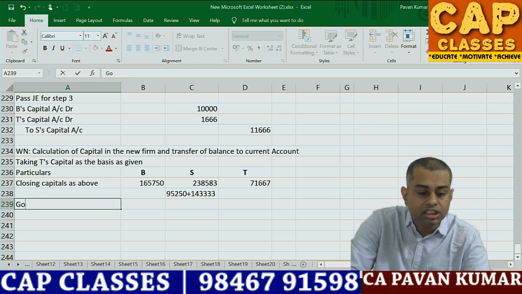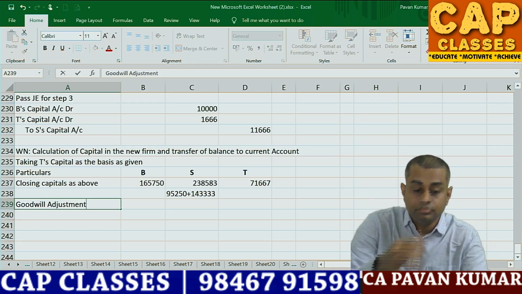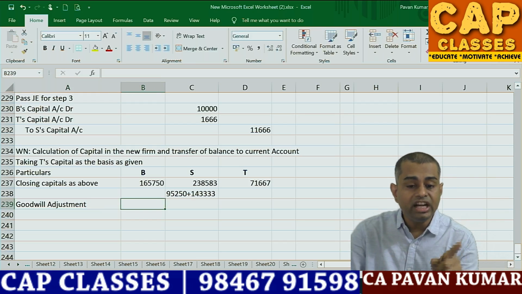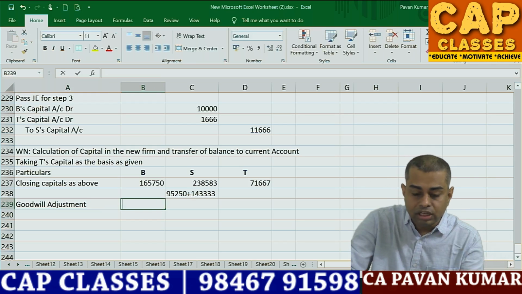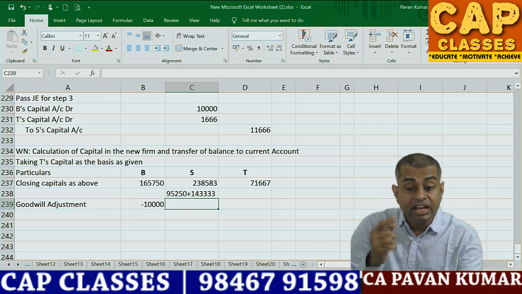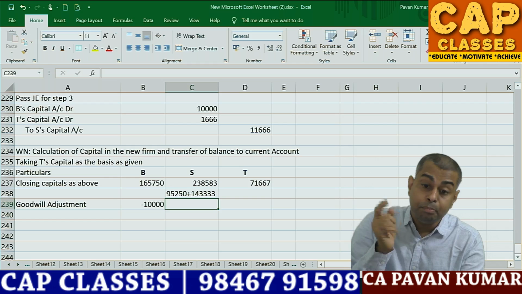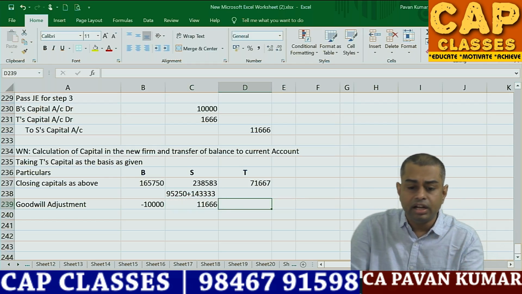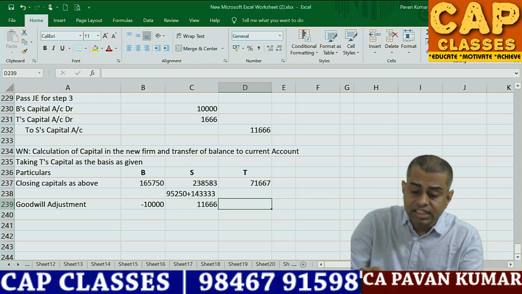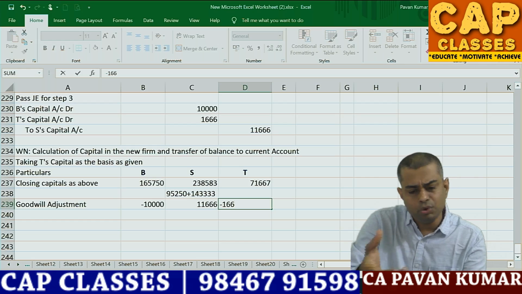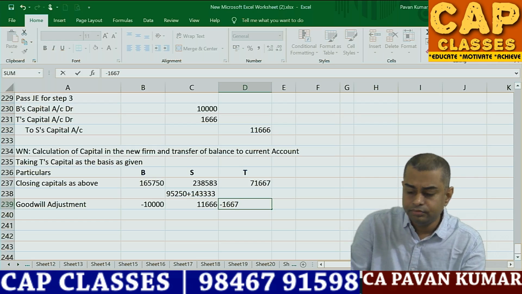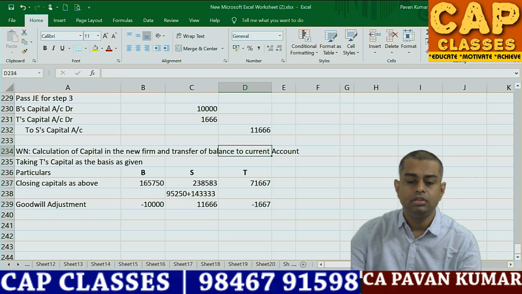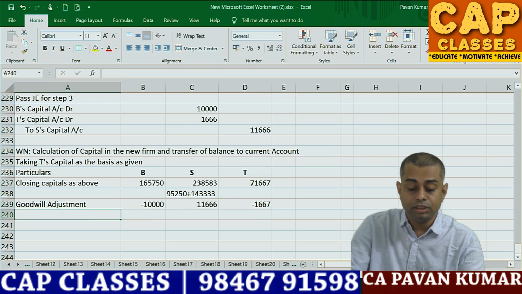Now goodwill adjustment. Okay. So goodwill adjustment for B, debit, minus 10,000. For S, it is plus 11,666. I am passing just the above journal entry. Minus 1,667. You can write 6 or you can write 7 also. Better write 7. Round figure, no? Otherwise 1 rupee difference will come.